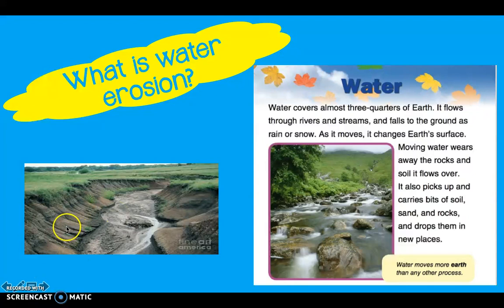Weathering also occurred here because, as you can see, some of the land got kind of weathered away or worn away, and then erosion happened by moving those bits and pieces of rock to a new spot.